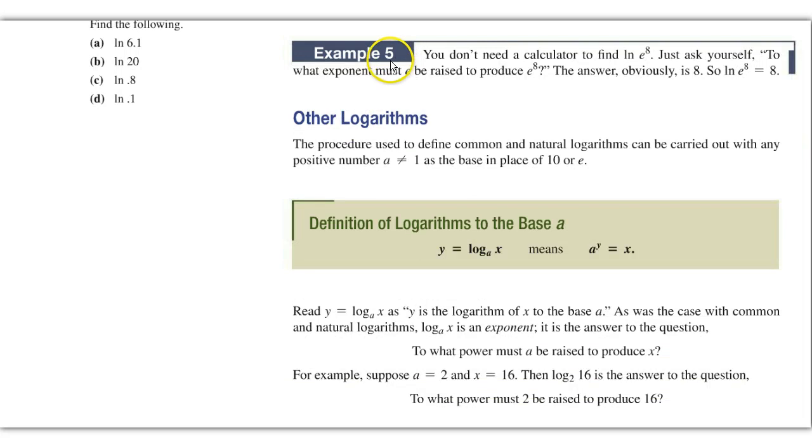Now, in example 5, they're saying, and this is something a little easy, but it's more of a definition, you don't need a calculator to find the natural log base e of e to the 8th power.